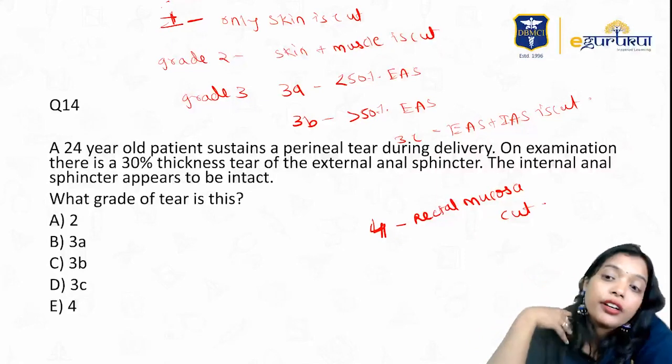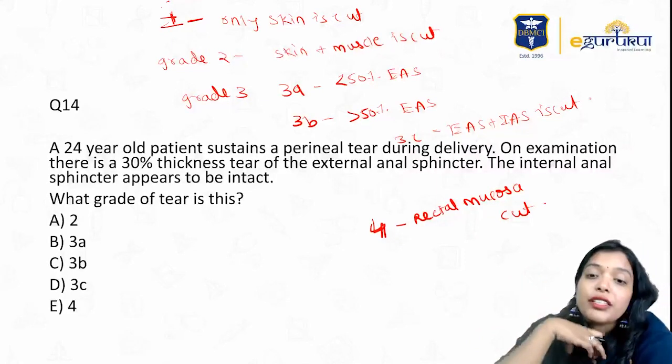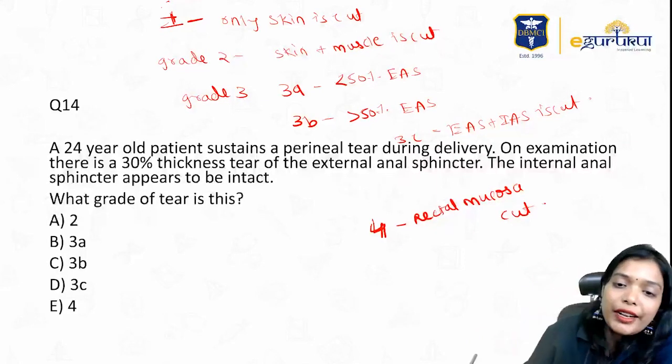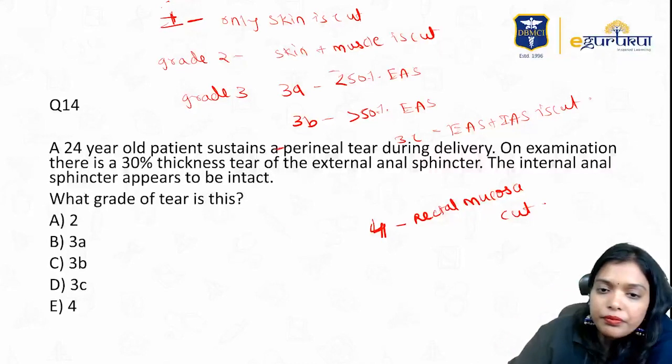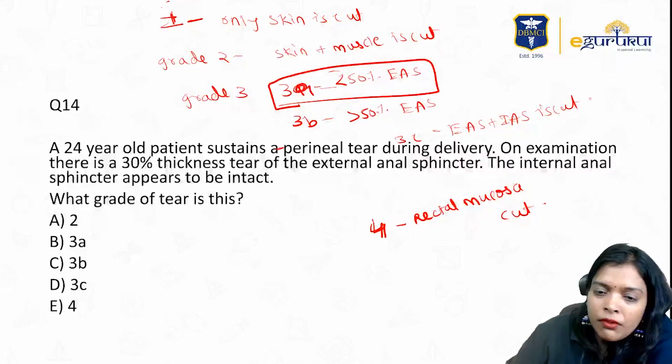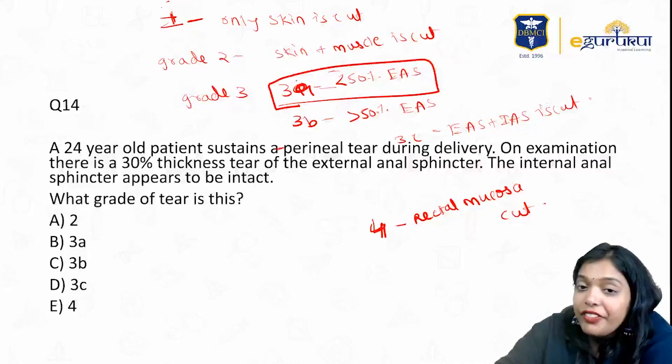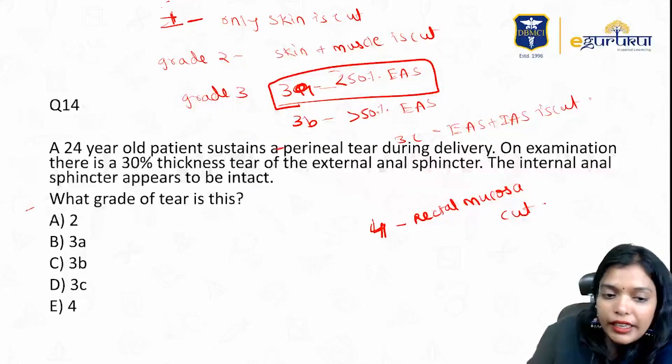Right? So here 30% of the external anal sphincter is cut. As less than 50% of external anal sphincter is cut, this will come under 3A.